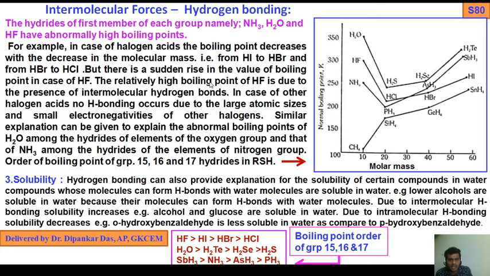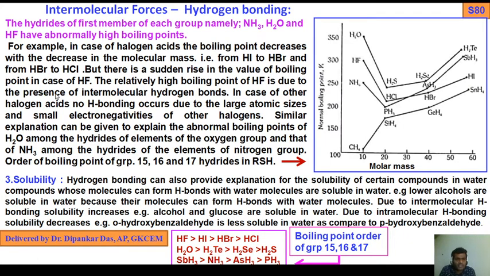The relatively high boiling point of HF is due to the presence of intermolecular hydrogen bonding.